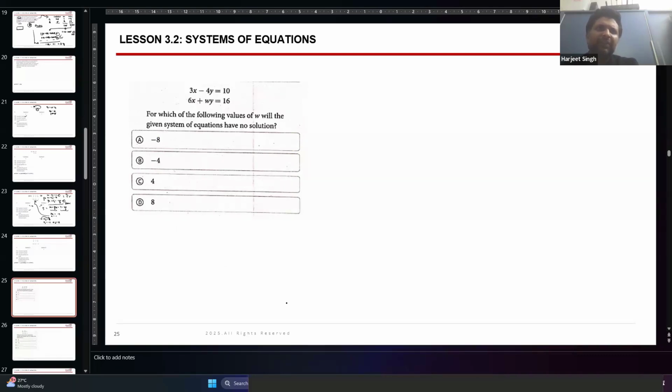Clearly x and y are variables, but w is a constant whose value is not known. What we know for sure is the system of equations has no solution.